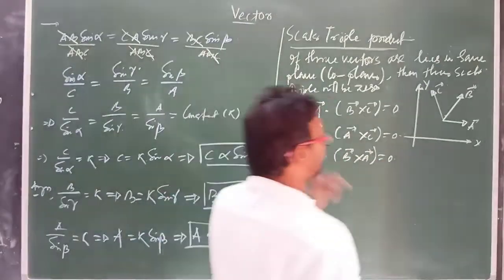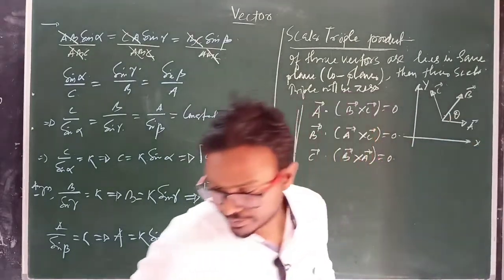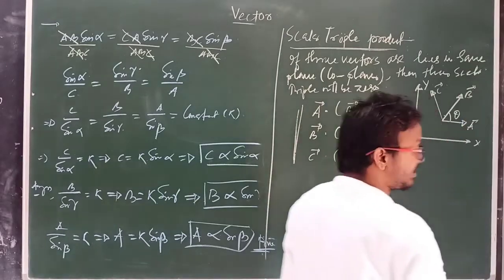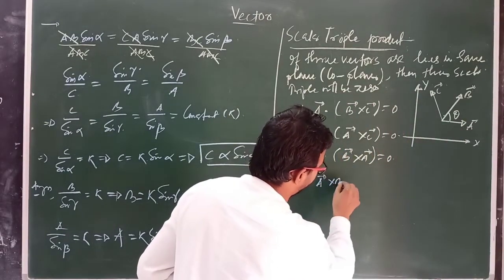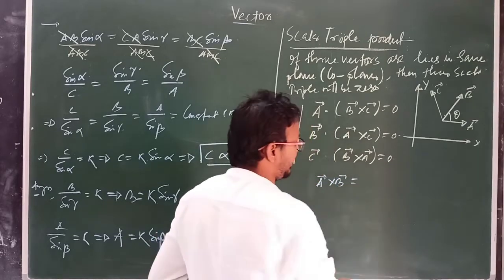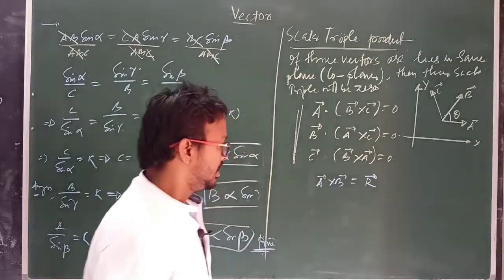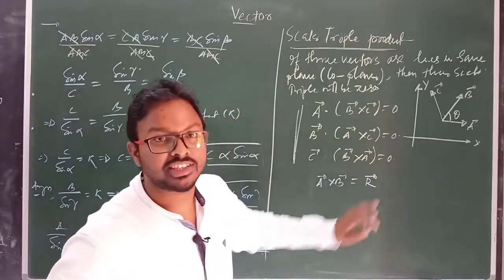How? Suppose I am taking A and B, and this angle is theta, the angle between the A vector and the B vector. Now I am writing A cross B, which gives a resultant third vector, the R vector. The cross product of two vectors is a vector quantity, and this is the resultant vector.